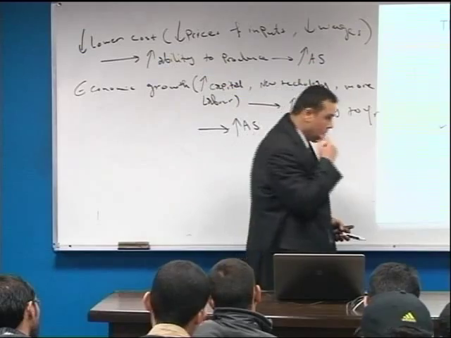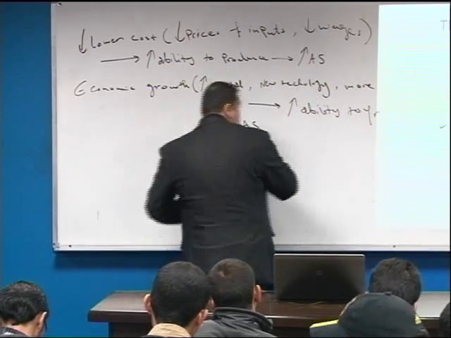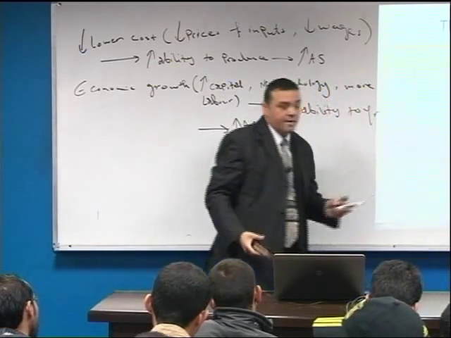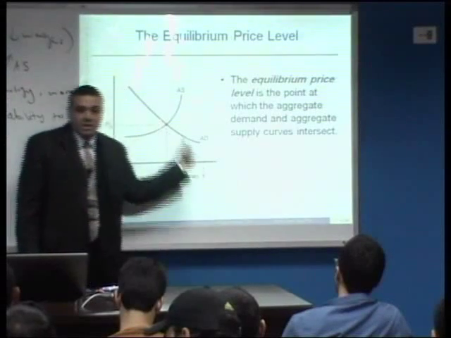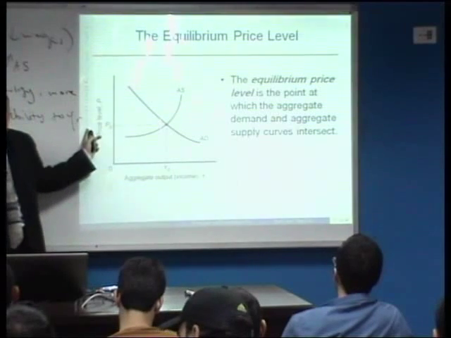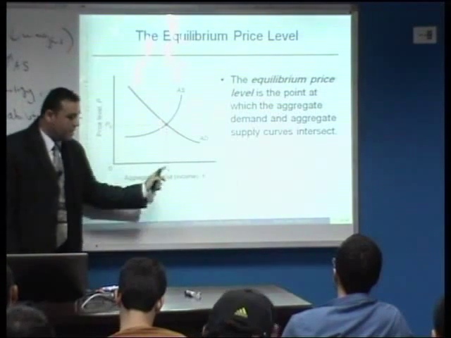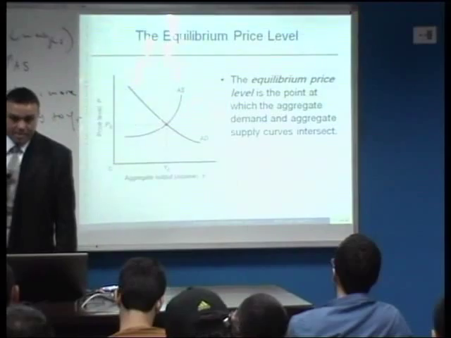As we mentioned maybe five minutes ago, we draw the equilibrium in the market where the aggregate demand intersects the aggregate supply. Here we have the equilibrium price level and the equilibrium aggregate output.